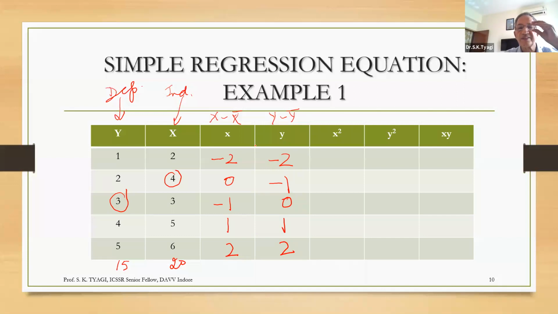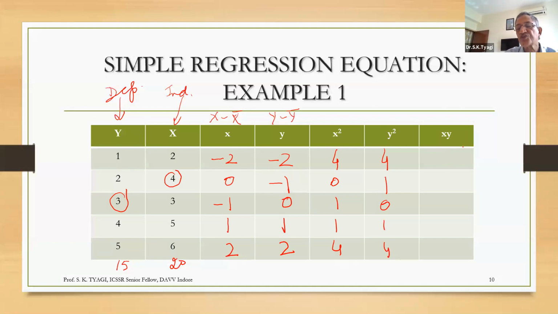So we know small x and small y. Now we just square them. The square of x is 4, 0, 1, 1, 4. The square of y is 4, 1, 0, 1, 4.